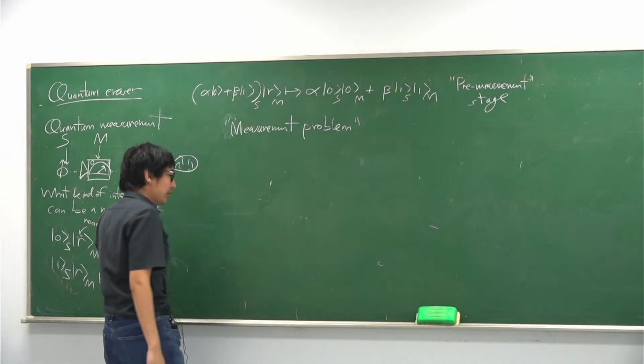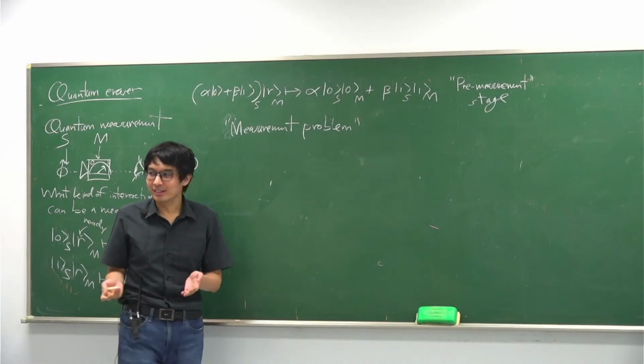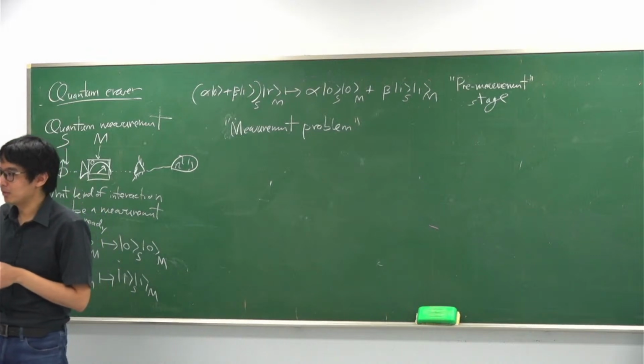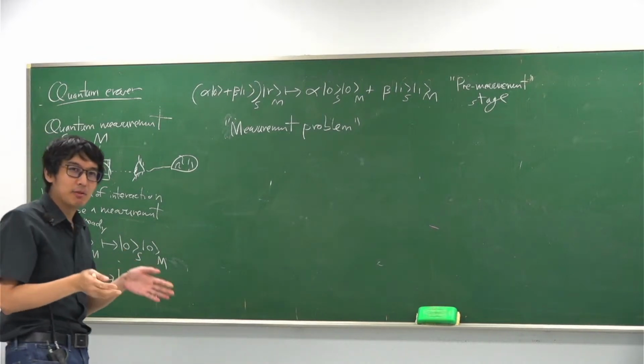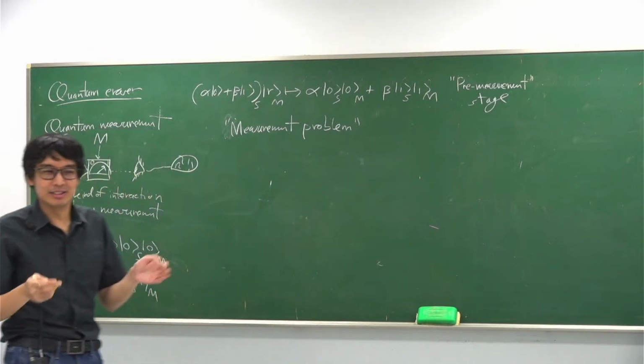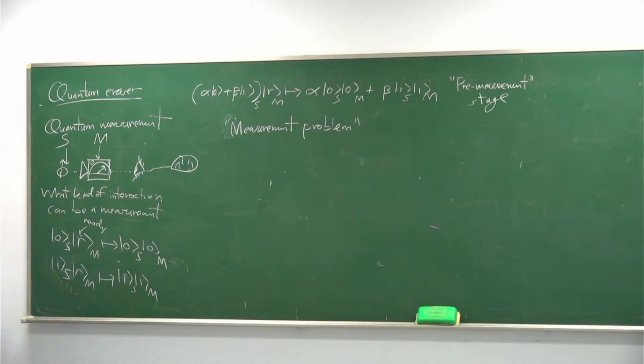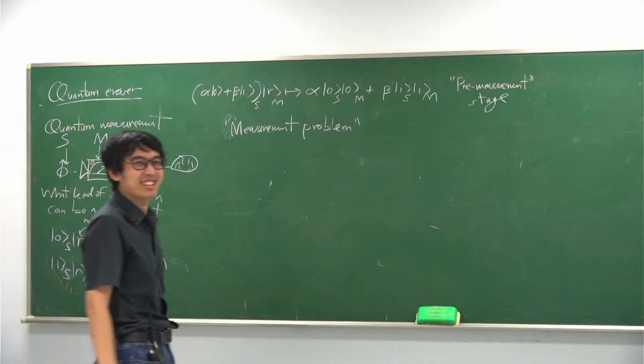Then some people even ask: what do we mean when we say that if we look at the system, then the system collapses? Does it have to be a human with a PhD? Would the quantum state collapse if a dog looks at the measurement device, and so on?